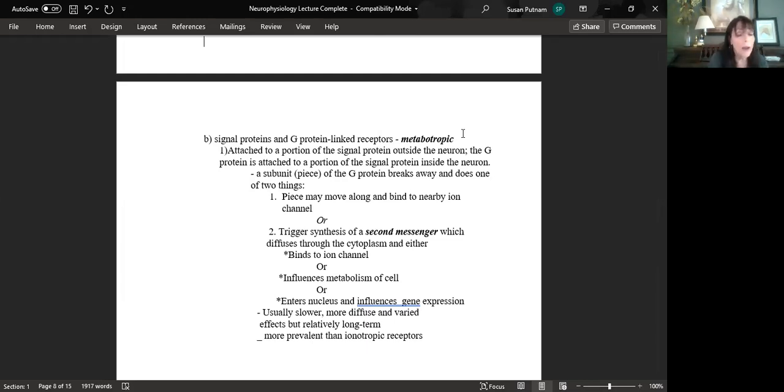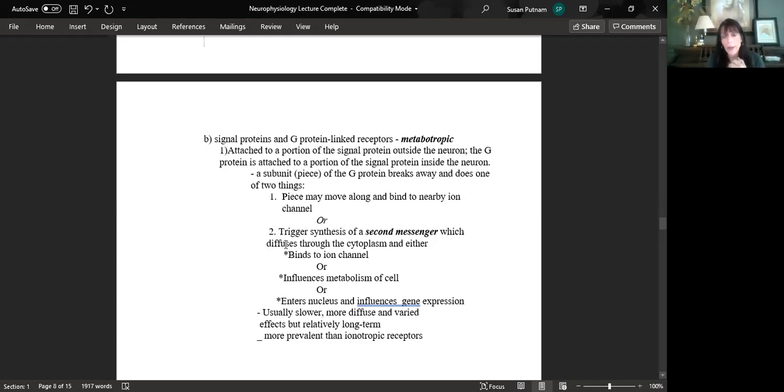If I move down, here I am, a little piece of G protein, and I go underneath and I see an ion channel, an ionotropic channel, I go and I bind to it, that'll open it up right away. So do you see they're cooperating? A metabotropic and ionotropic channel or receptors are cooperating.